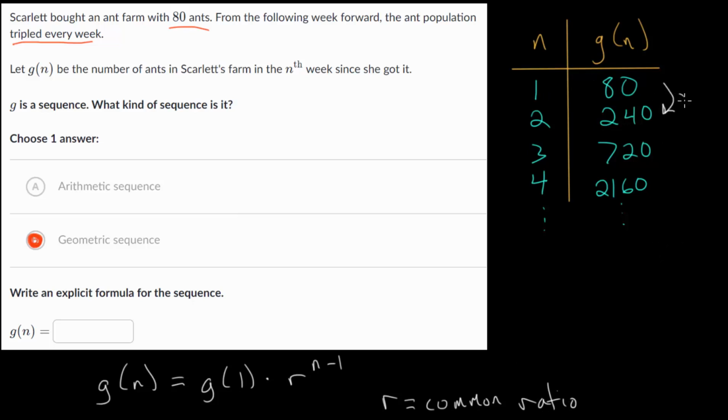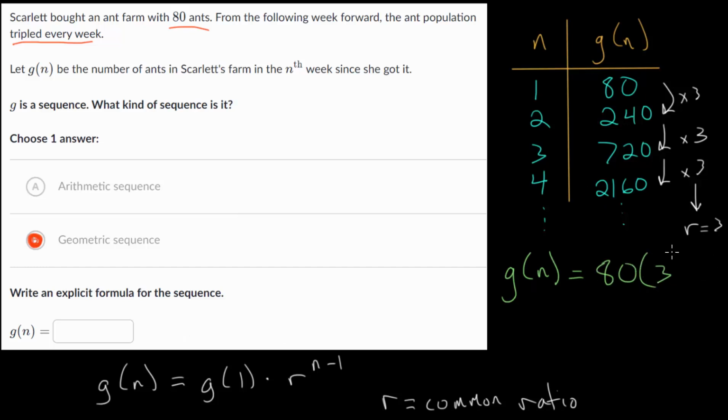And of course, since it's tripling, we know that each step of the way we're multiplying by 3. So this right here, this is our r value. And we know the first term, that is 80. So we can rewrite our explicit formula, g of n, as that first term, 80, multiplied by 3 raised to the n minus 1 power.